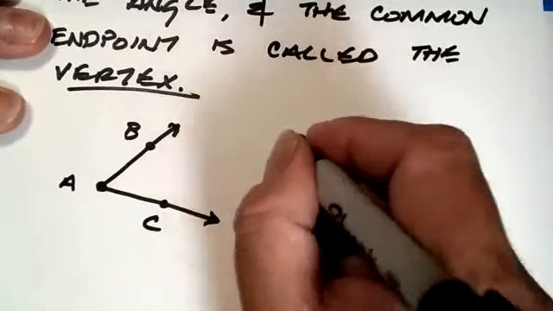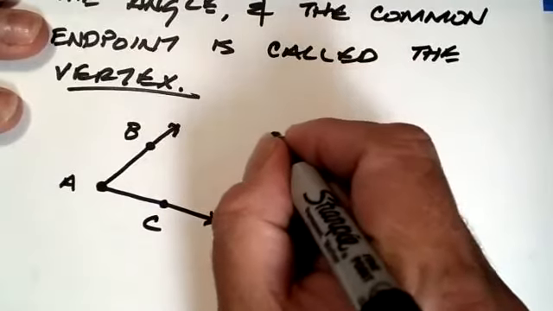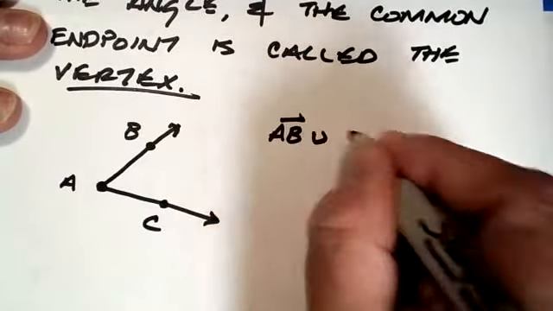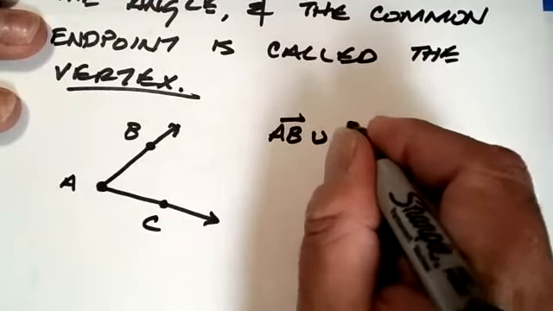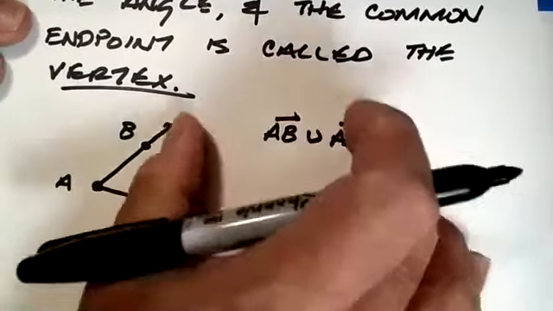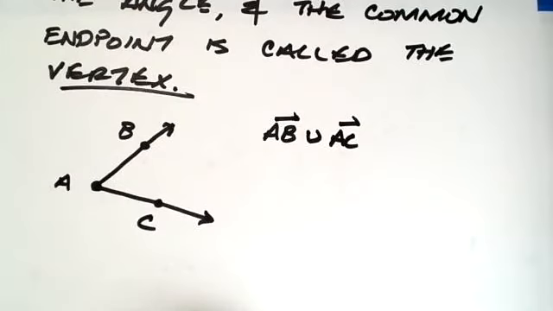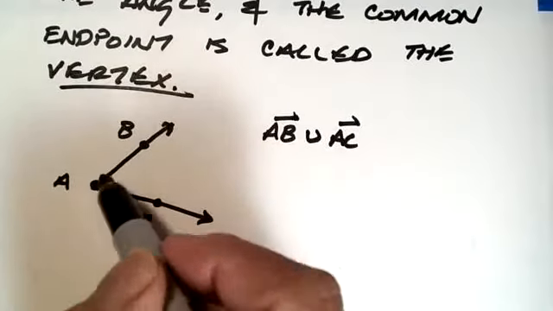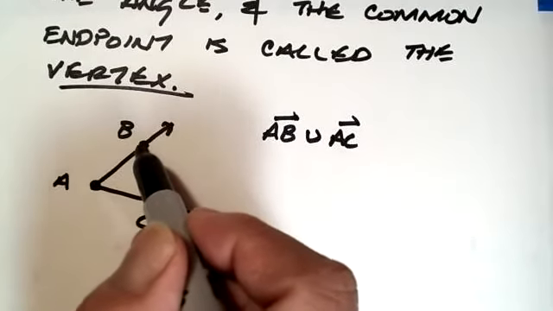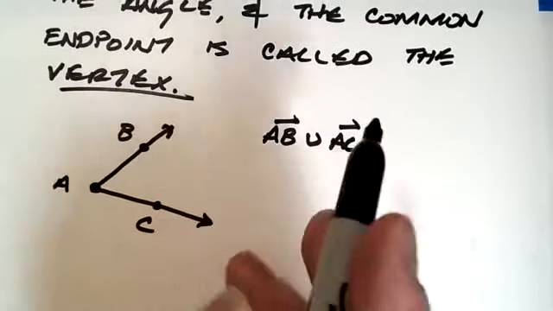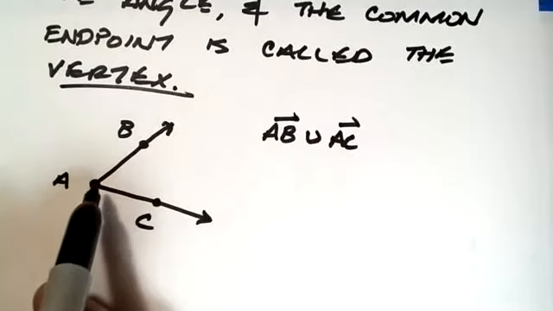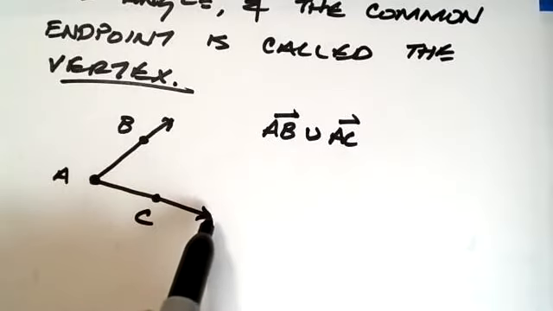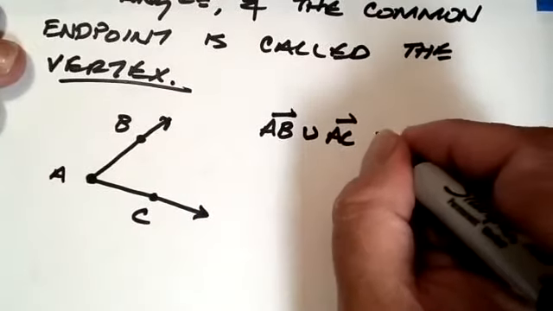But in this particular case, we have ray AB together with ray AC. This is a little bit of interesting set notation, right? Because this symbol represents all the points starting at A, passing through B, and extending onwards. That's a set. And over here, we have the set of all points starting at A, extending through C and onward.